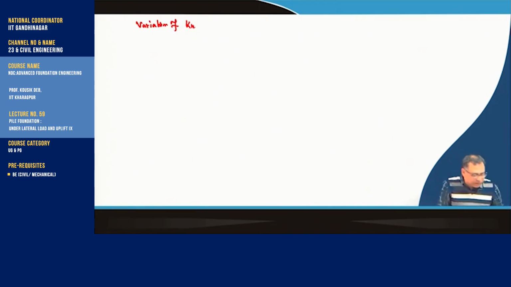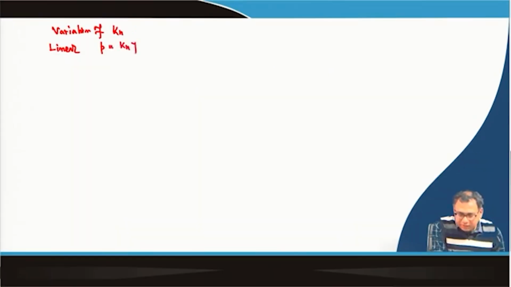Here we have not talked about the k_h variation. So, what will be the k_h variation? Now, if the k_h variation will be linear, then in that case P will be k_h into y.